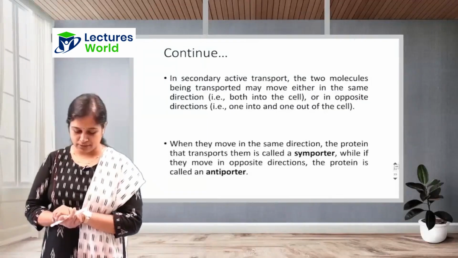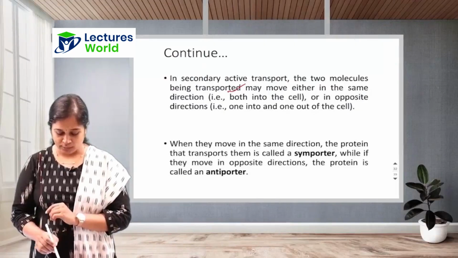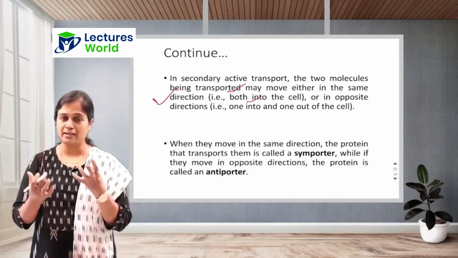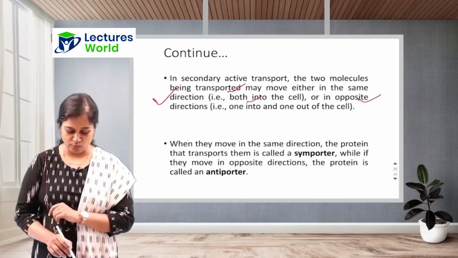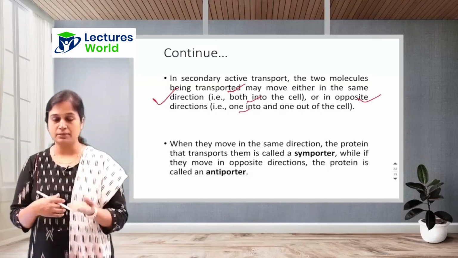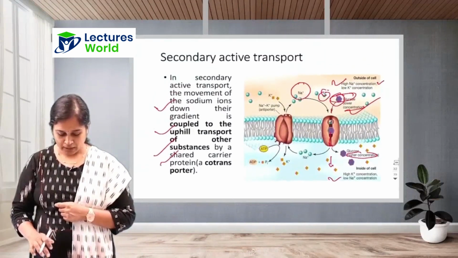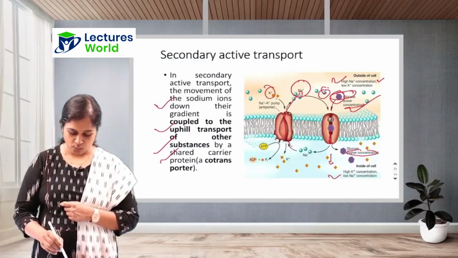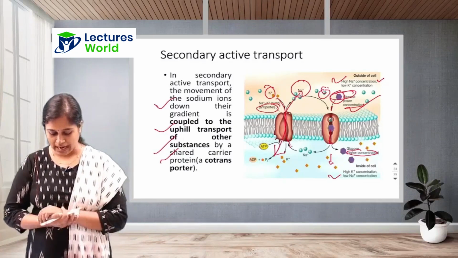In secondary active transport, the two molecules being transported may move either in the same direction, that means both will come inside the cell, or in opposite directions, that means one will come inside the cell and one will go out of the cell. So you can see over here, this sodium molecule will go outside of the cell and this potassium molecule will come inside of the cell, and this is called an antiporter.